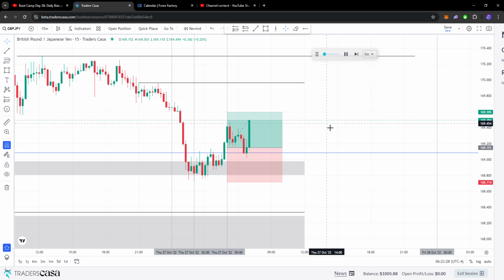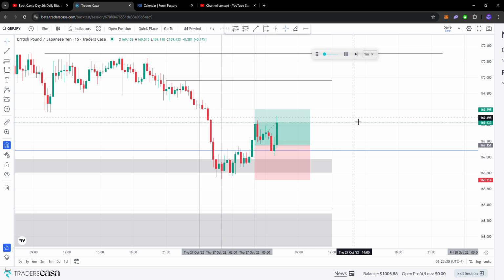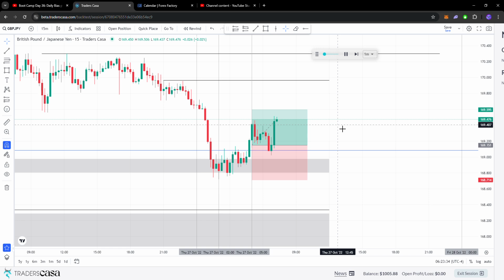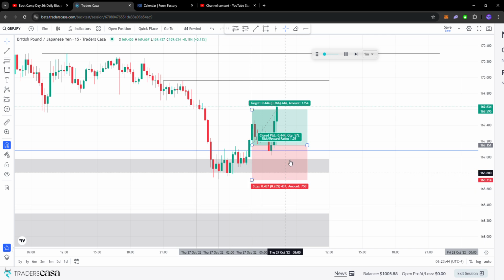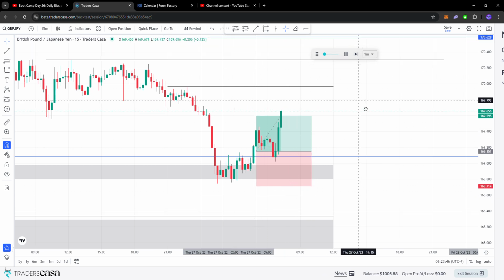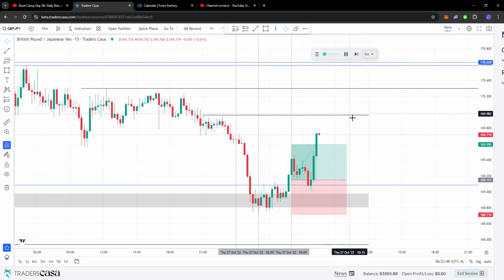Maybe not. It's going to close above. Okay, so I was wrong. I should have kept in the trade. Is it going to hit this 1 hour?